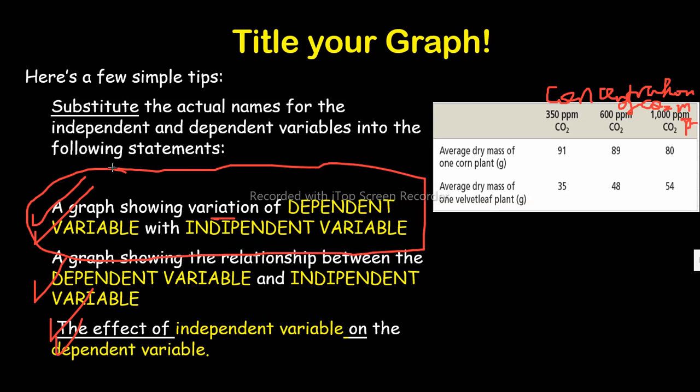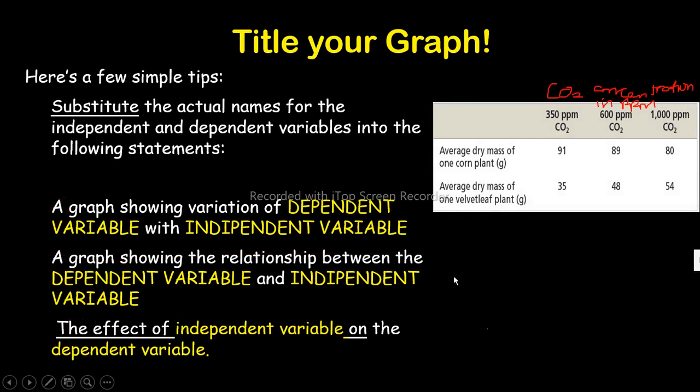Okay? I prefer this. So, that was good work for some of you. You have carbon dioxide concentration in parts per million, and then the average dry mass of corn plant and velvet leaf plants. You saw the two plants.